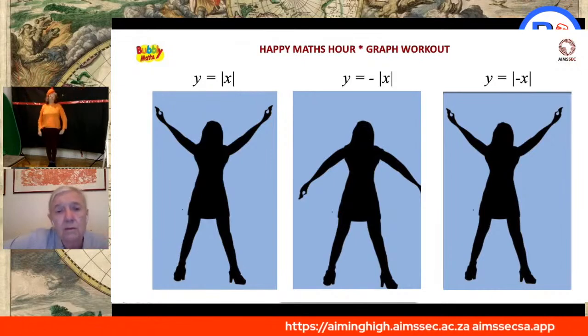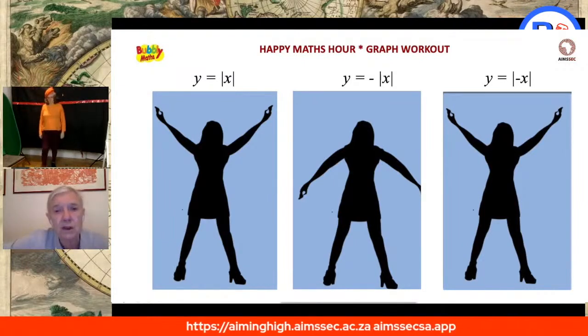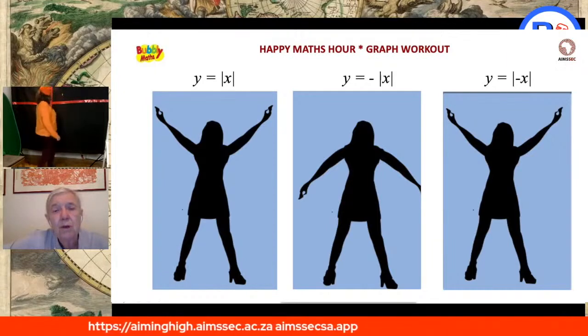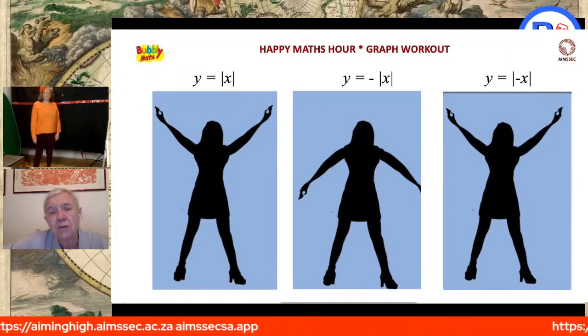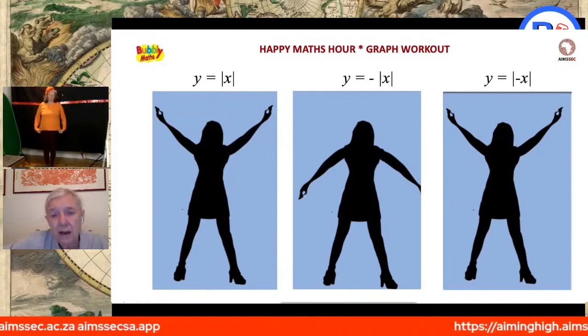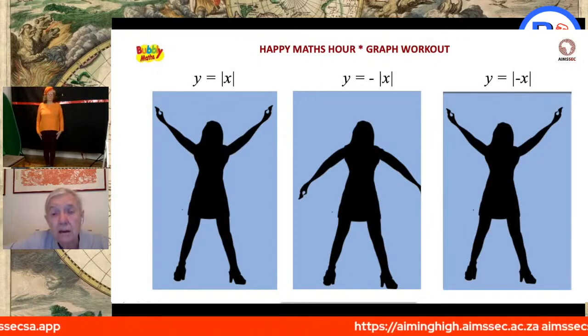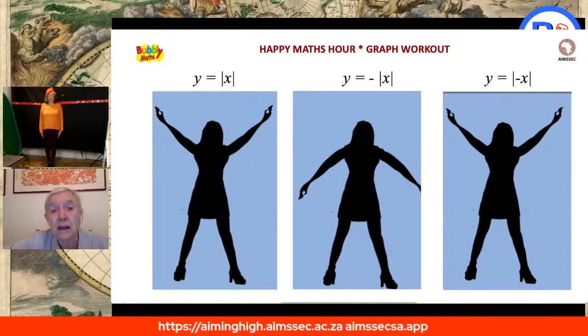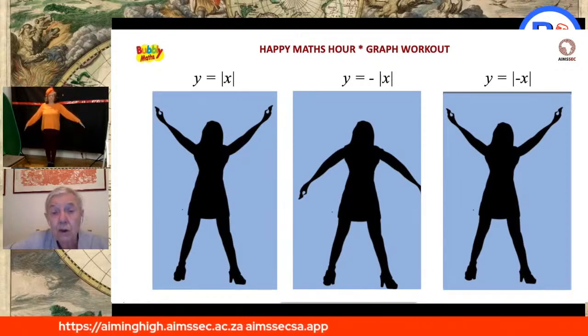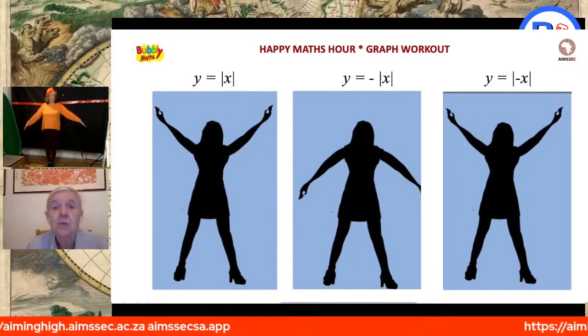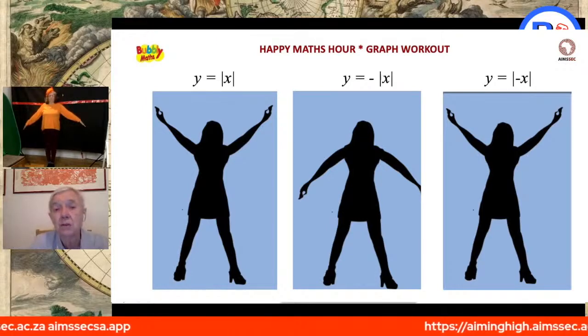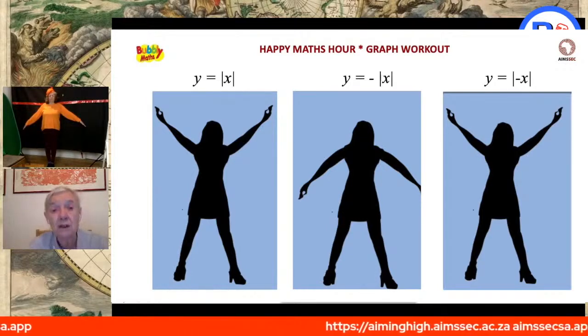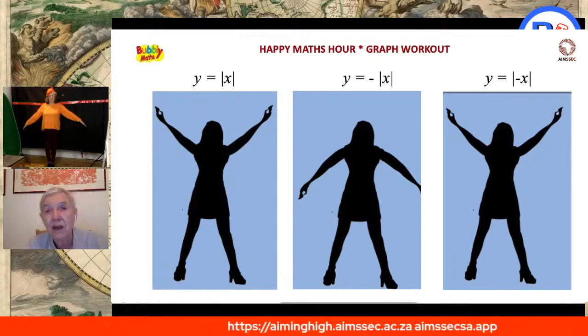So modulus is always positive. And so if the modulus is always positive, for the lady in the middle, minus modulus of x is always negative. What's standing there between those two vertical lines is always positive, so minus it will always be negative.